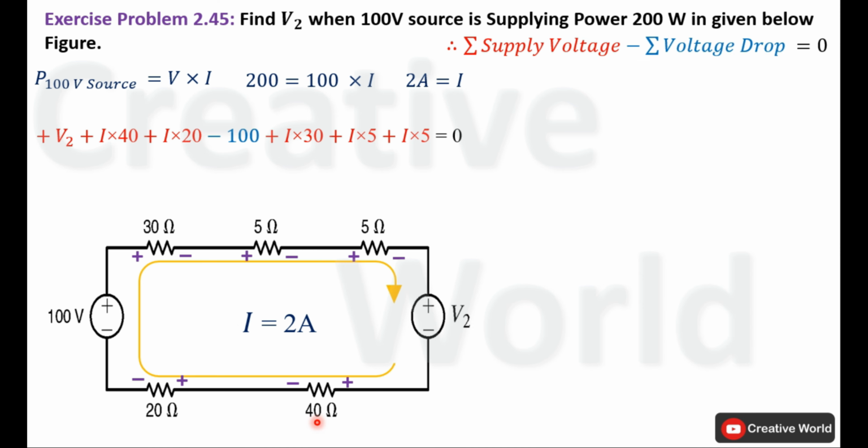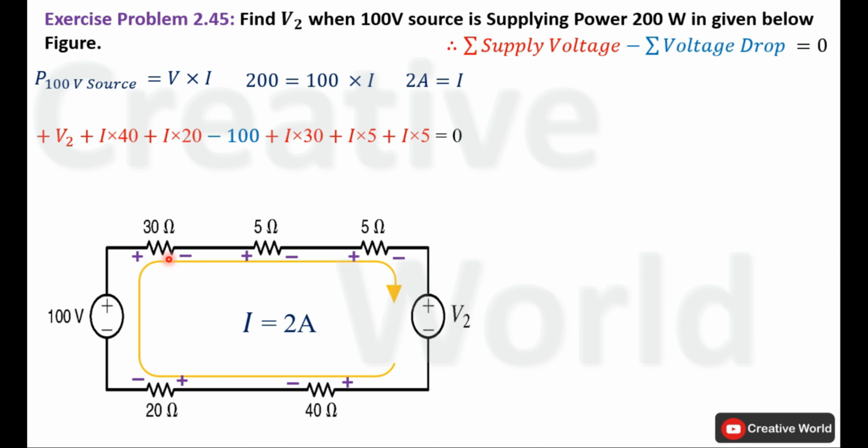Next is the 40 ohm resistance, current entering terminal is positive, so voltage across this 40 ohm resistance will be taken with positive sign. That is the product of current I and 40 ohm resistance. Similar case will be with this 20 ohm resistance, current entering terminal is positive, so the product of I and 20 ohm will be taken with positive sign. Next is the 100 volt source, current entering terminal is negative, so 100 volt will be taken with minus sign.